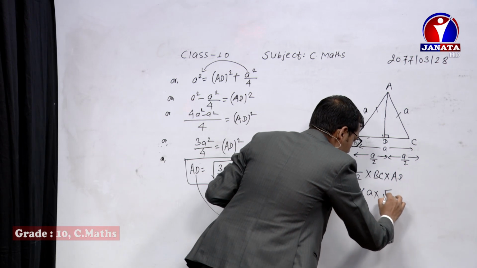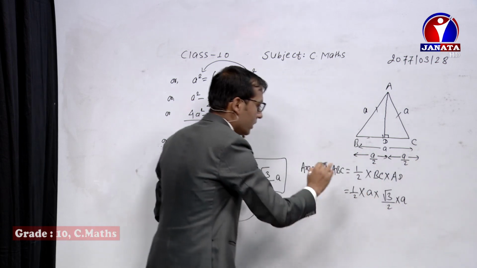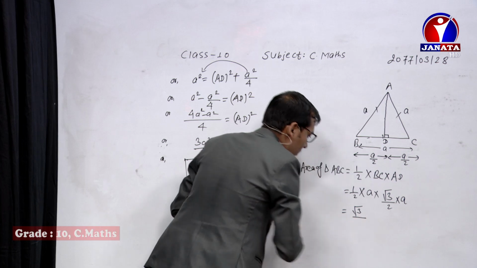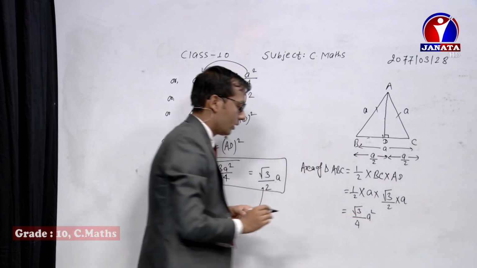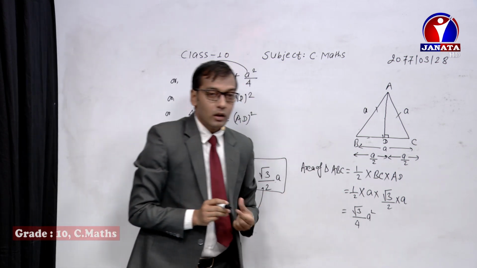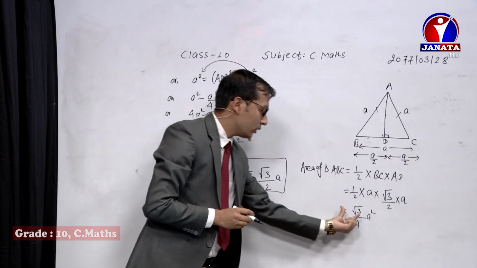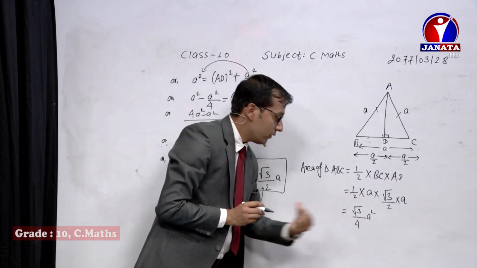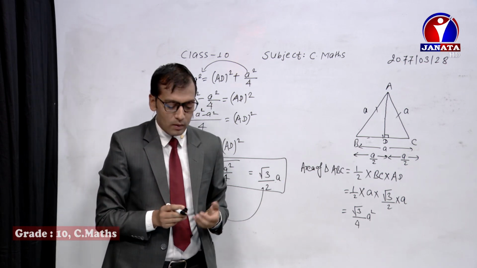AD is square root of 3/2 times A. So if we simplify this, we will get √3/4 times A square. So area of an equilateral triangle can be calculated by using this formula, square root of 3/4 times side square.